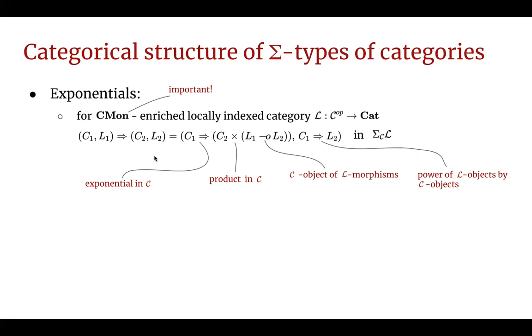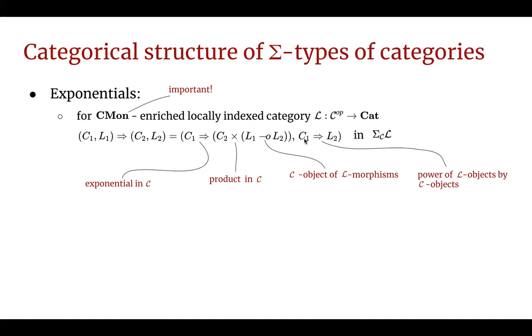So we're using the exponential in C, we're using the product in C, and we're using a sort of C-indexed object of L morphisms to build this first component of the exponential. And the second component of the exponential is a sort of power of L2 with C1. So we need a sort of power object to build it.